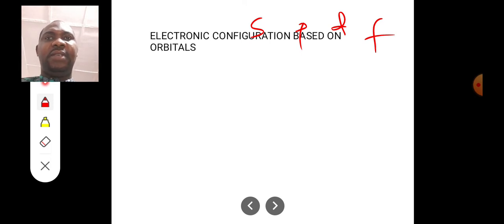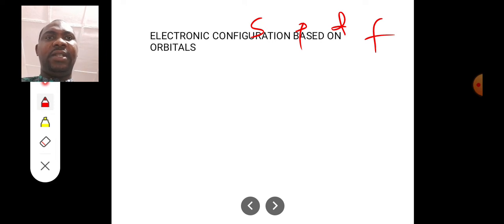Let me give you a brief meaning of the Aufbau principle. By definition, the Aufbau principle states that when filling electrons into orbitals, orbitals of lower energy are filled first before orbitals of higher energy.